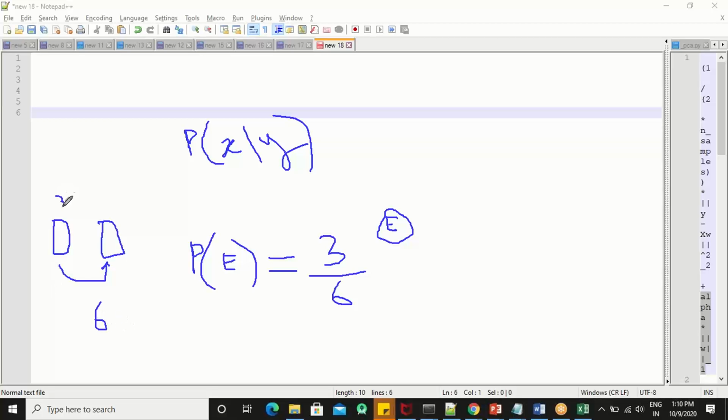That means either both will give you 3, or one will give you 3 and another will give you 6, and the sum is 9. I'll give you 2 minutes. Do the calculation and tell me. If I throw 2 dice, what is the probability of getting a sum which is greater than or equal to 6?